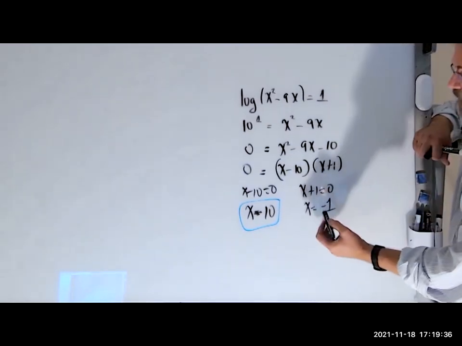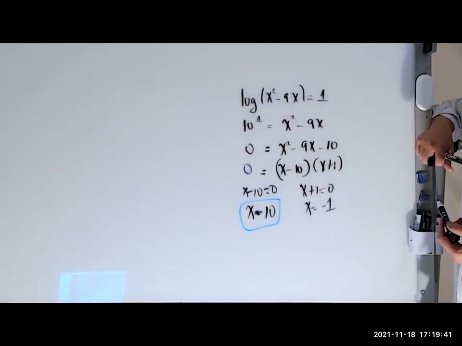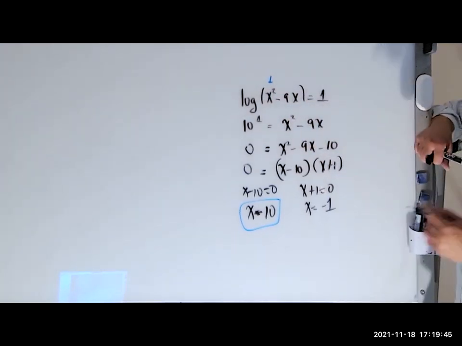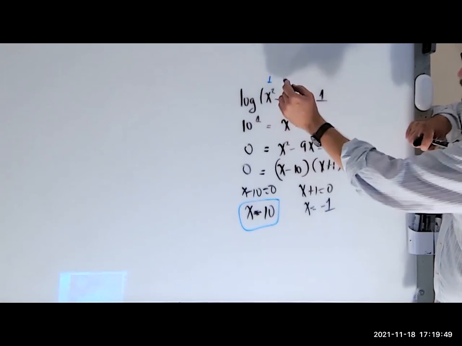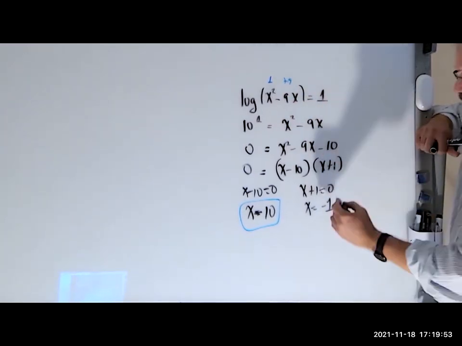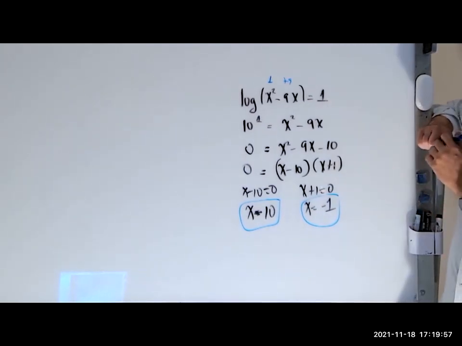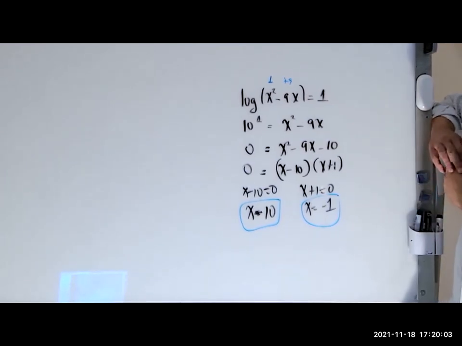When x equals negative 1, negative 1 times negative 1 will be 1, and negative 1 times negative 9 will be positive 9, so that will give me 10. So we are also safe with negative 1. So this equation will have two solutions, which is perfectly fine. And that will be it. Thank you.